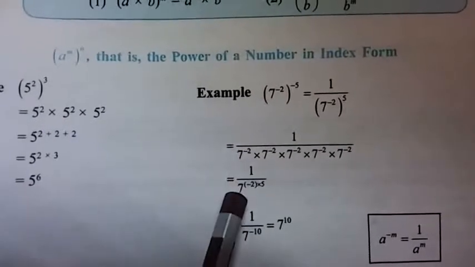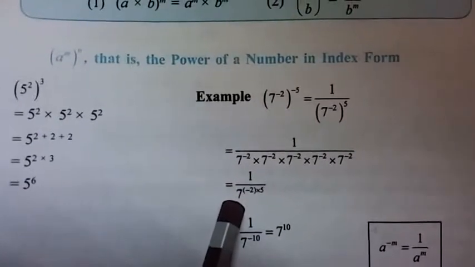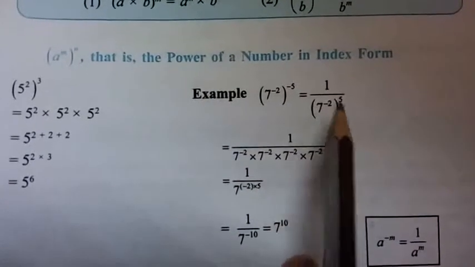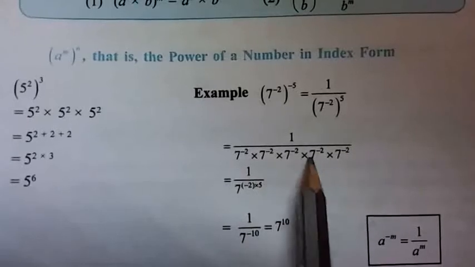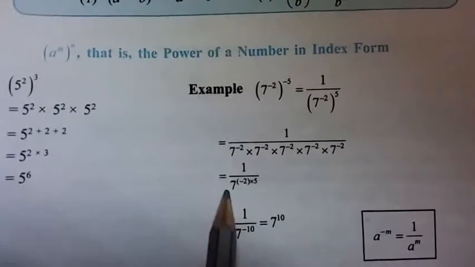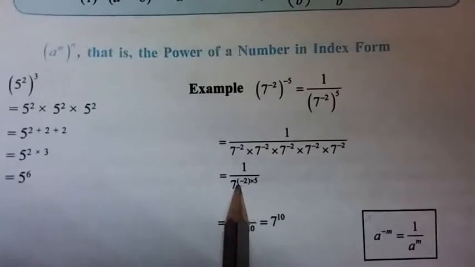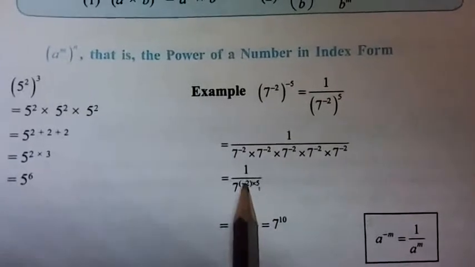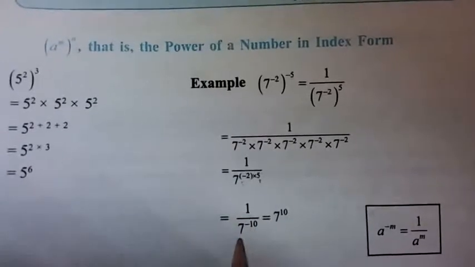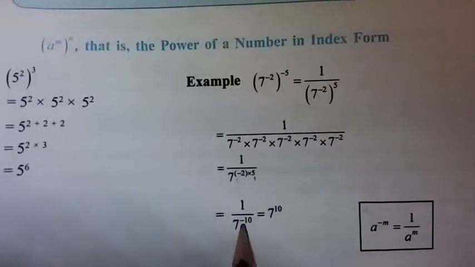Now 1 upon 7 raised to minus 2 multiplied 5 times: 1, 2, 3, 4, 5. Now 1 upon 7 raised to minus 2 multiplied by 5: 5 times 2 is 10, and the sign is minus. Means your answer is 1 upon 7 raised to minus 10.